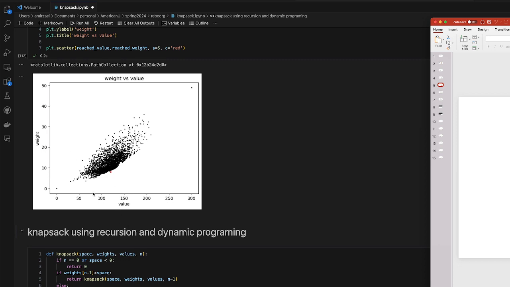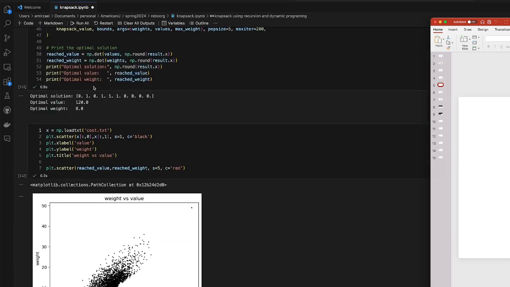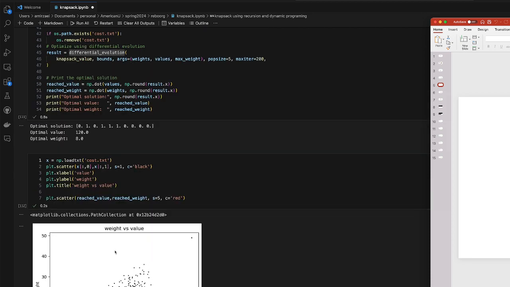For example, let's say this sequence, right? This is one of the many sequences that this algorithm tried. This one has value 120 and weight 8, which is this red dot. I assume there are lots of other combinations that this algorithm tried, and these are shown with these black dots.